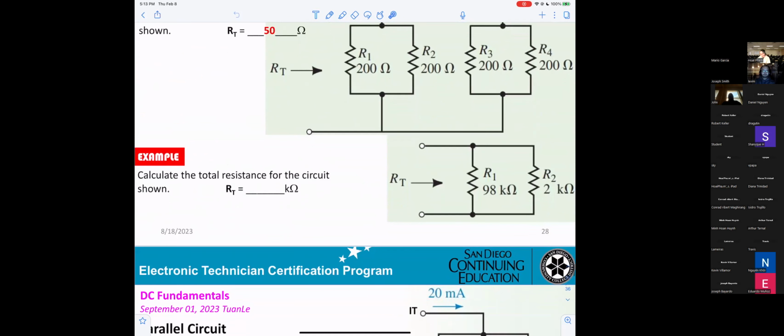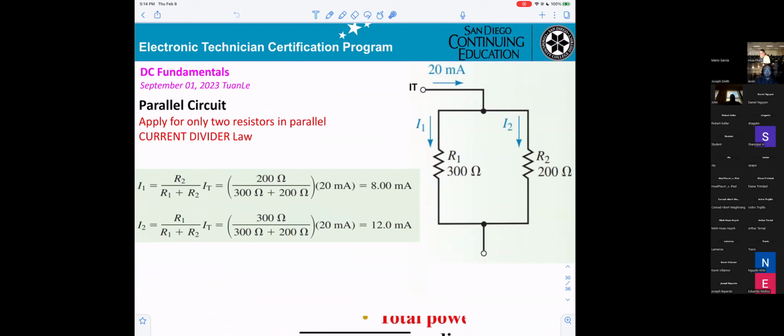For example, that one, you have R1, R2 in parallel, so you can use R1 times R2 divided by R1 plus R2. And now, in series resistance you have the voltage divider. In parallel, you have what is called a current divider.